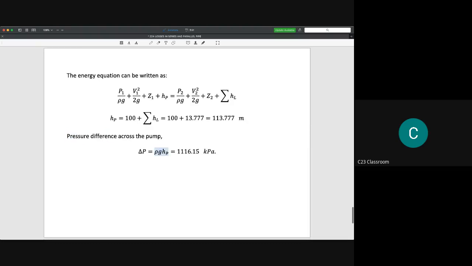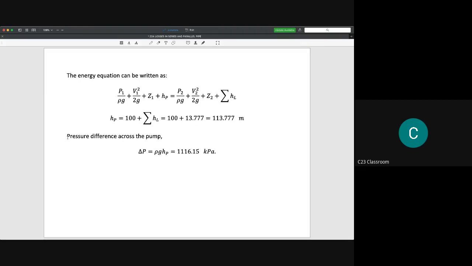To calculate the pressure difference across the pump, we can use the equation rho GH. I think everybody knows how to calculate the pressure. But in this situation, we need to use the head of pump, and then we get 1,116.15 kilopascal.